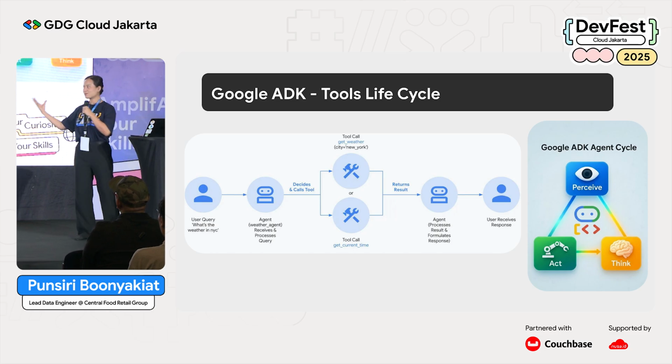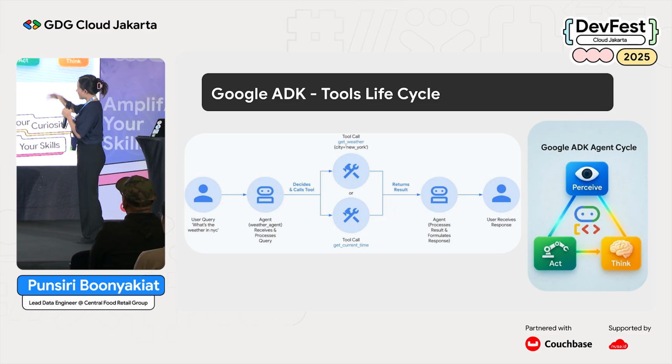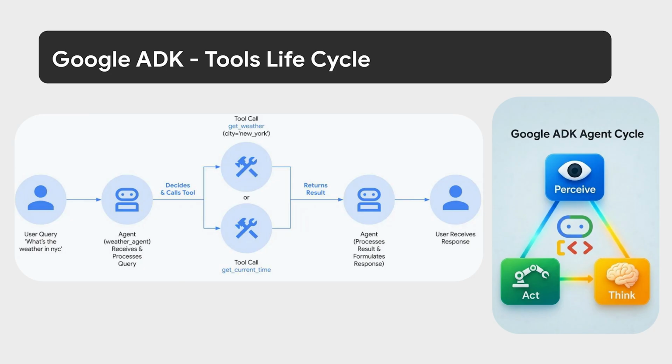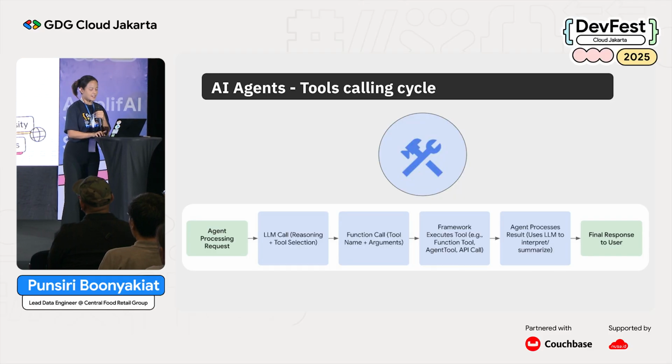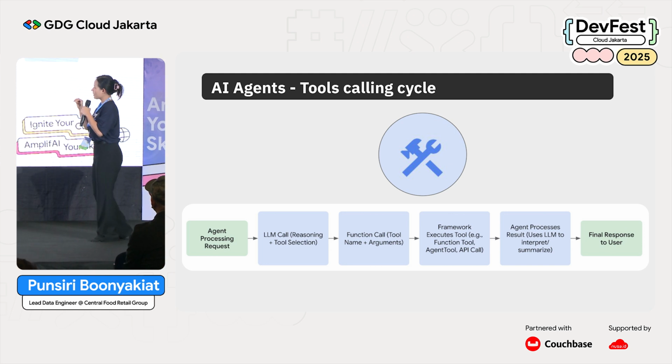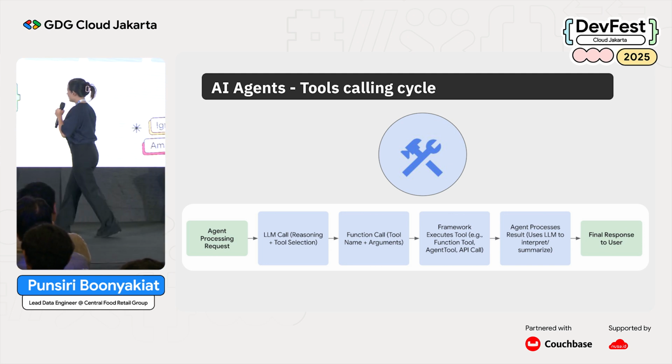Okay, so now with tools, the life cycle of the agent is changed. When the user asks a question, it will perceive and think, oh, what tool should I use? So Gemini will think every time in ADK when the user says something.